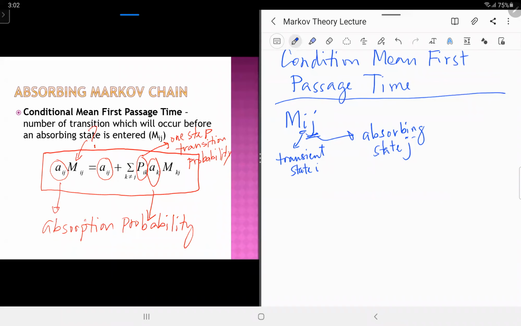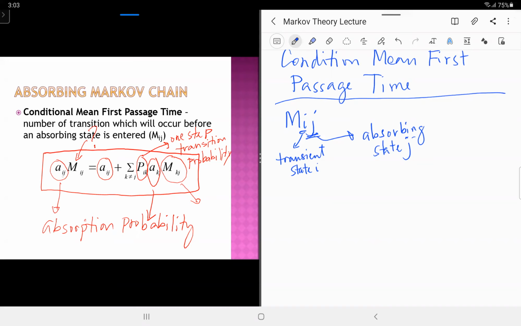But in the process of calculating MIJ, just like what we had earlier, you would need MKJ, which would mean that you have to set up an equation for this in order to solve the system of equations. It will be iterative in nature.